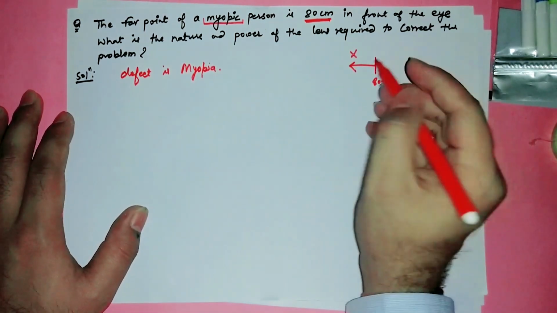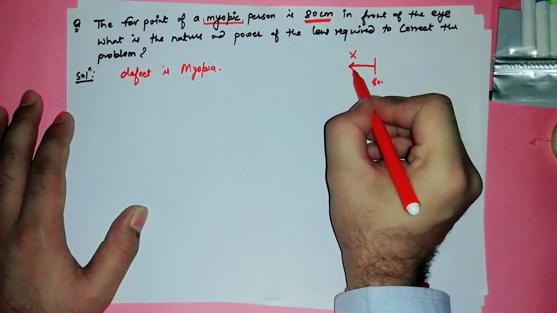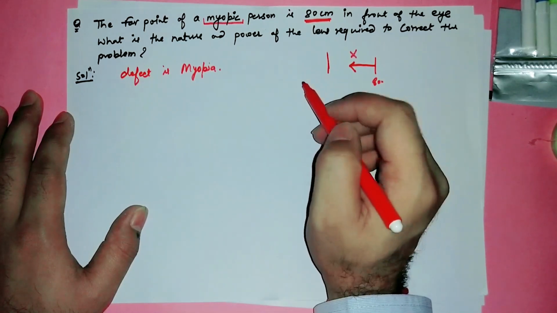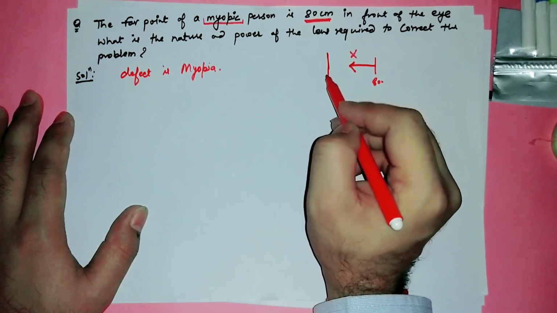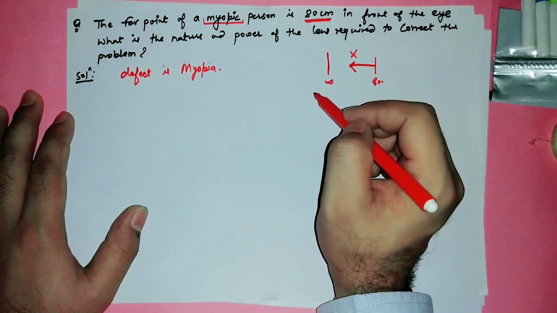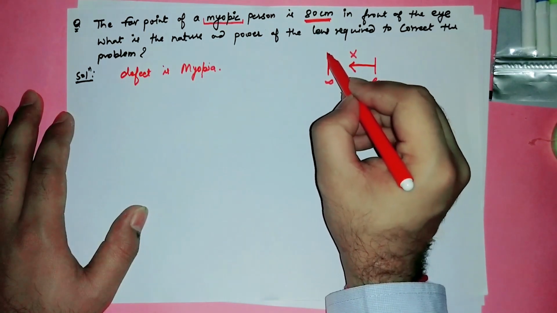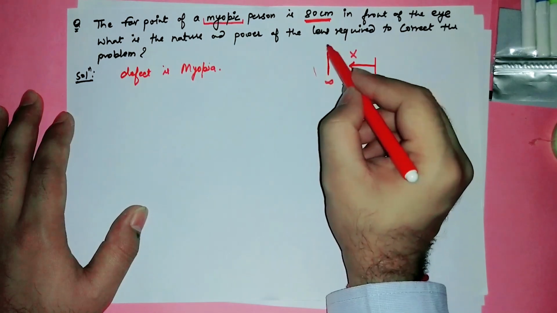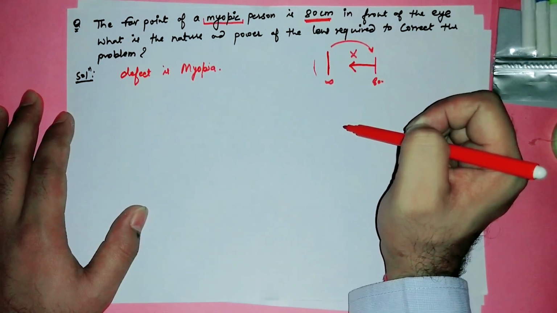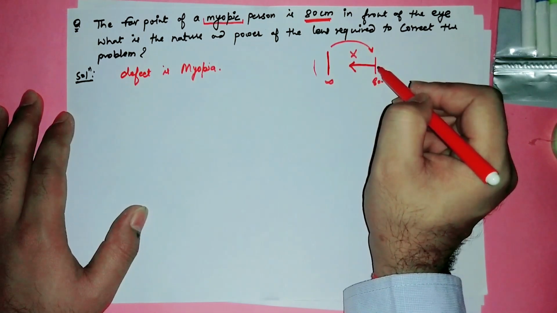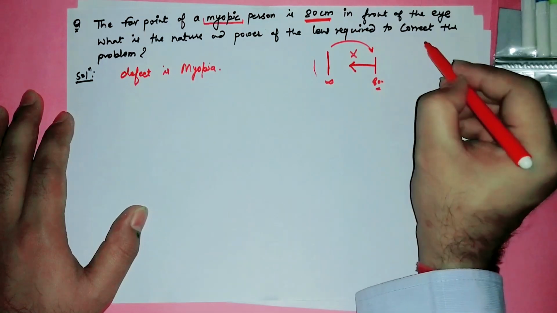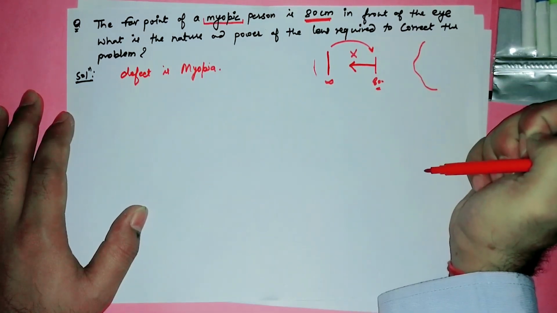So we want an object placed at infinity, infinity means very large distance, to be visible. So what we have to do, the object placed at infinity, its image we have to form at 80 centimeter. Why are we forming the image at 80 centimeter? Because anything which is placed at 80 centimeter will be visible to the eye.